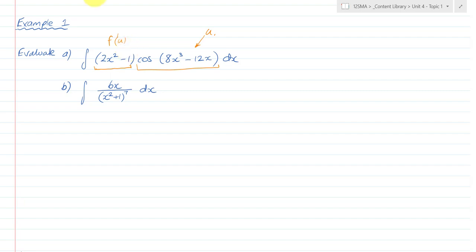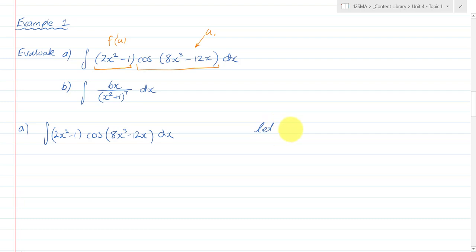So, the integration, and when I substitute the derivative in, a is equal to the integral of (2x² − 1) cos(8x³ − 12x) dx.